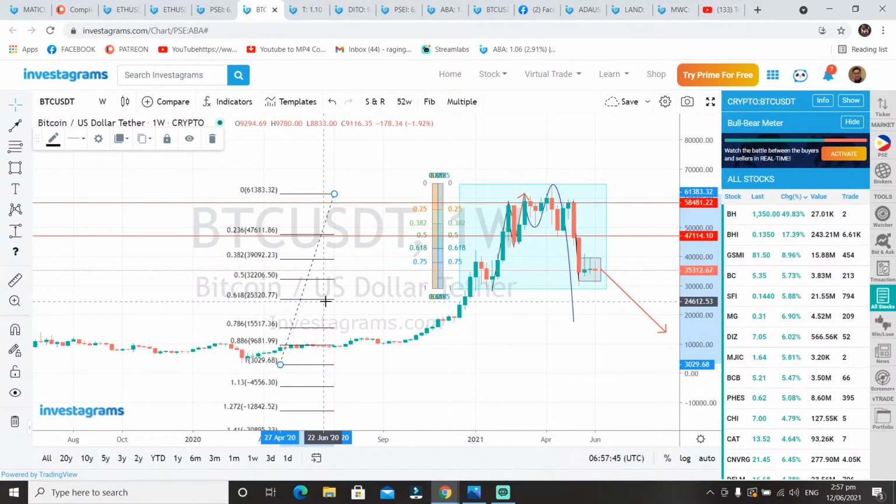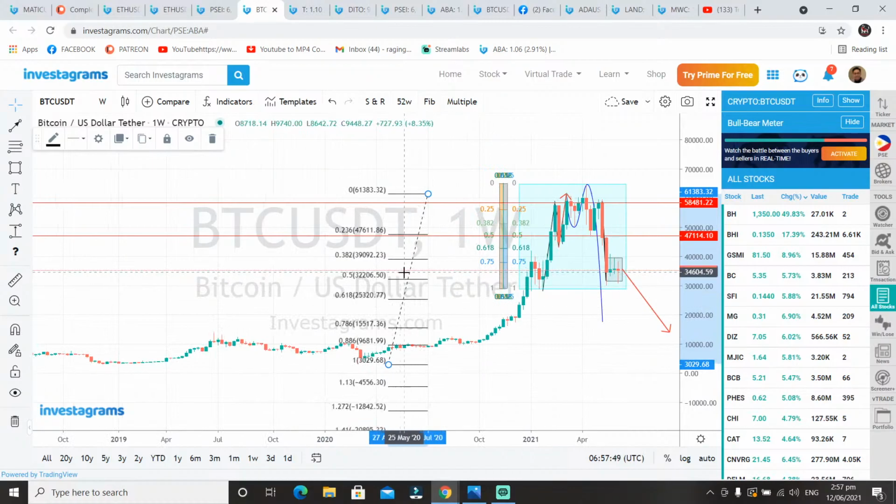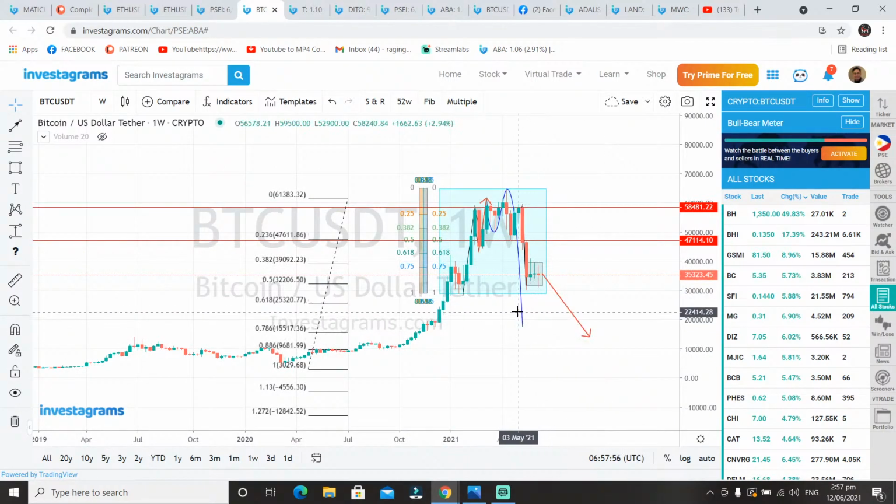So it's already in about 50%. So X, A, B, C, then it could make a D. No? So since it's just at the 50% of this one and didn't touch this one, it could go as low as 88 actually. So actually it's really going to this level.